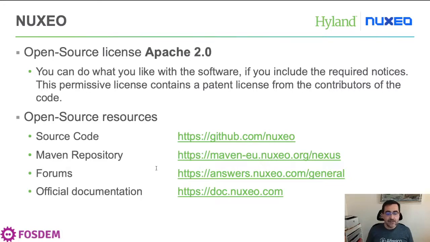And if you are looking for community support, you may use the Nuxeo forums. That is a questions and answers platform, and this page is available at answers.nuxeo.com. The official documentation available at doc.nuxeo.com includes detailed information related to many different topics.